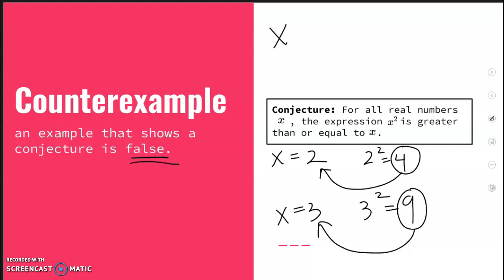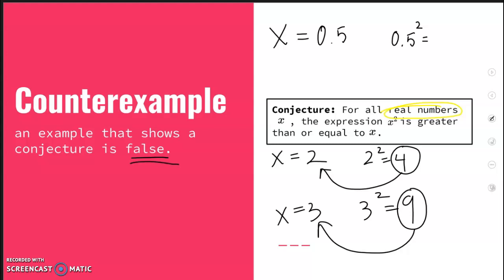Now let me highlight something important here. This says real numbers. We have to know what real numbers are. Real numbers are any number negative to positive. They could be fractions, they could be decimals. So let's consider maybe a decimal option here. What if I were to let x equal 0.5? Now let's go ahead and take 0.5, raise it to the power of 2.